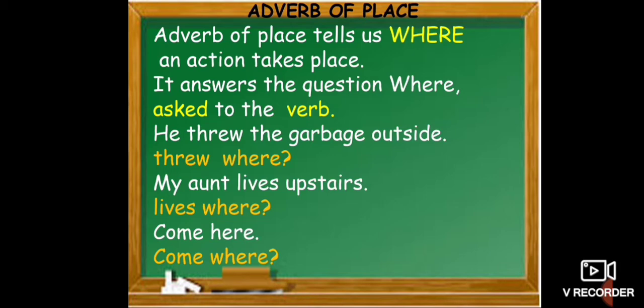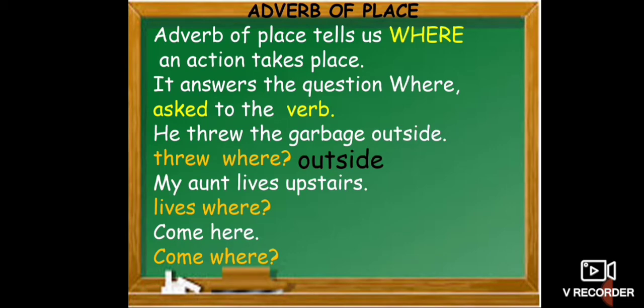So if you ask the question where to the verb, then you will get an answer, and that word is the adverb of place. Look at this sentence. He threw the garbage outside. What is the action here? Threw. So ask the question where to that verb. Threw where? Outside. My aunt lives upstairs.